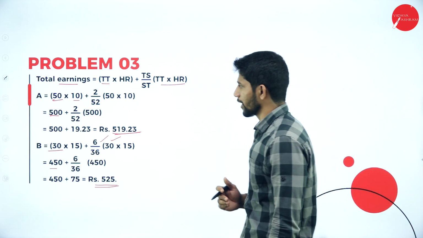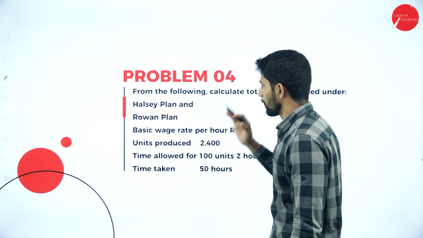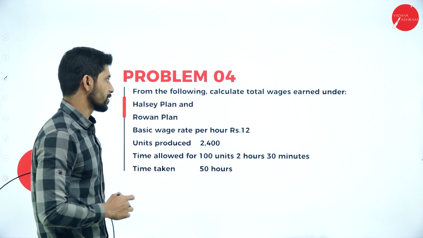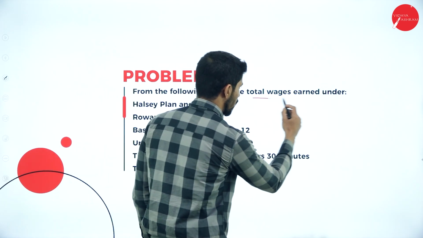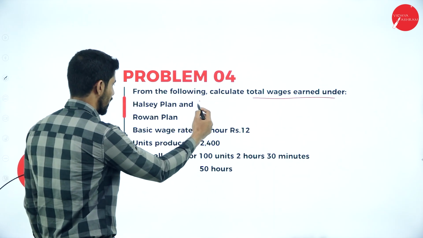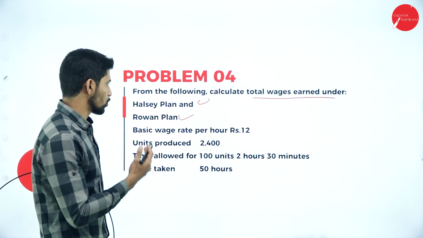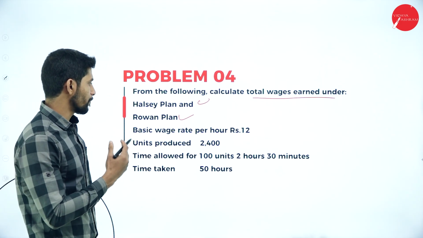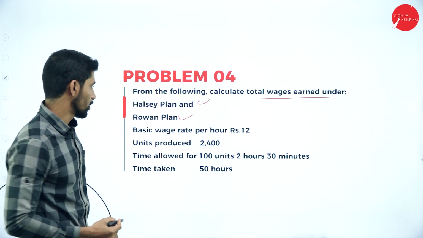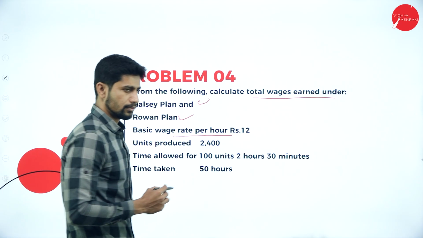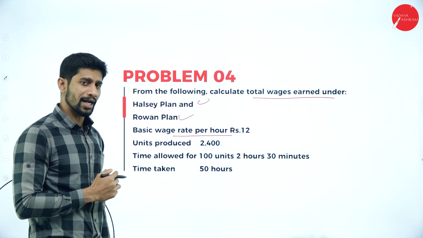So next, moving on to problem number 4. From the following, calculate total wages earned under the Halsey plan and Rowan plan. You are supposed to find out the total earnings under the Halsey plan and Rowan plan. So here you can see the basic wage rate per hour. What is the basic wage per hour?